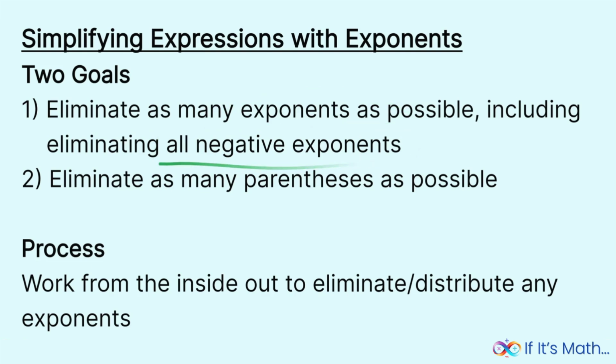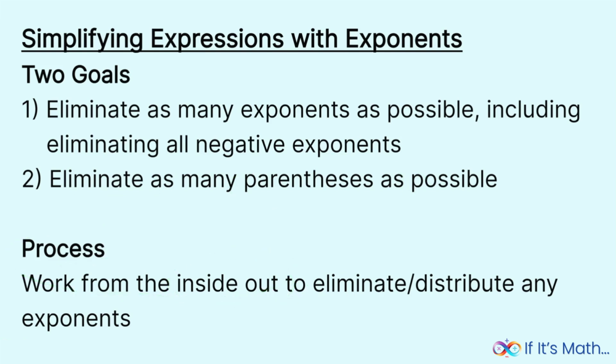There can't be any negative exponents left. And that might sound a little confusing because, well, what if you have them in there? Remember, a negative exponent just means you can turn it around and put it on the other side of the fraction. And then the other thing you're going to want to do is get rid of as many parentheses as possible. Sometimes you might have a few left, but you're always going to get rid of as many as you can. And then in general, the process you follow is that you want to work from the inside out.